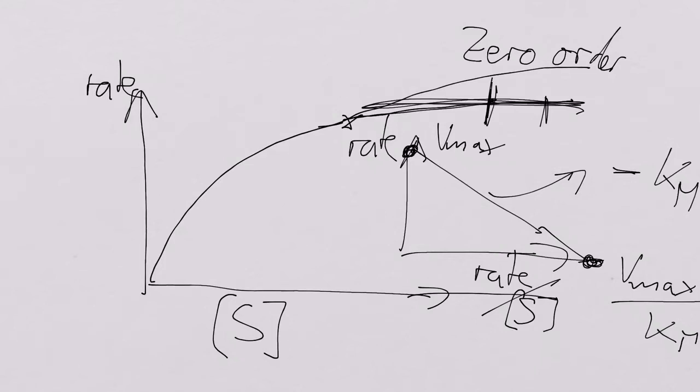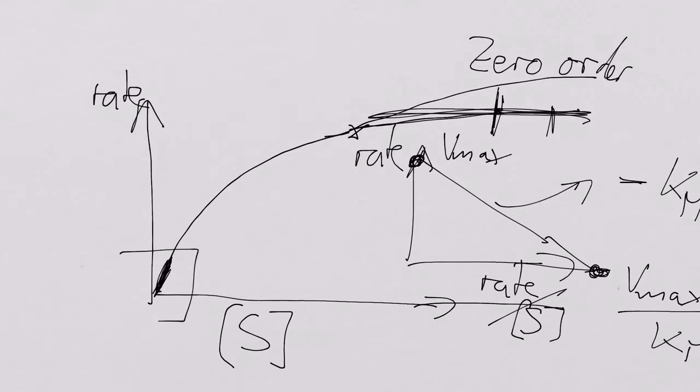Now, when you look at the rate here, for example, right at the beginning of your enzyme reaction, where you have very little substrate concentration, does the rate in this range here, does the rate depend on the substrate concentration?